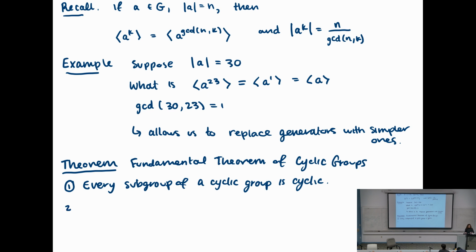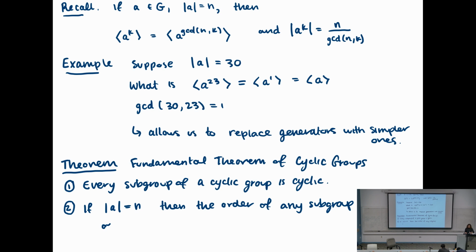So the second part says that if the order of some group element A is equal to n, then the order of any subgroup of the group generated by A is a divisor of n.